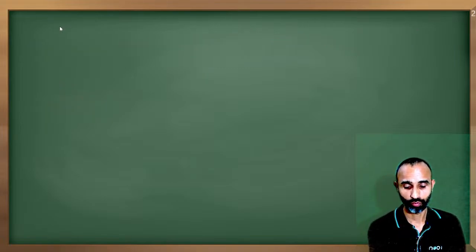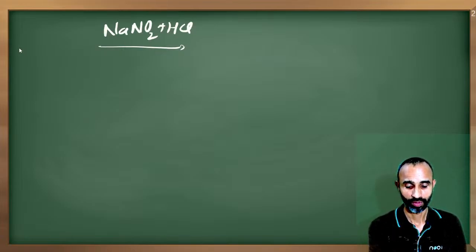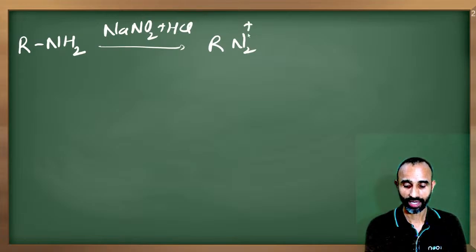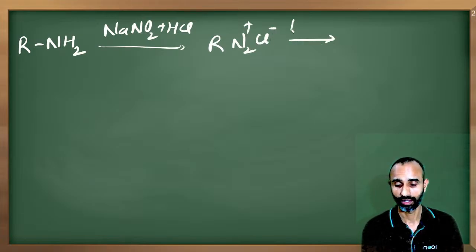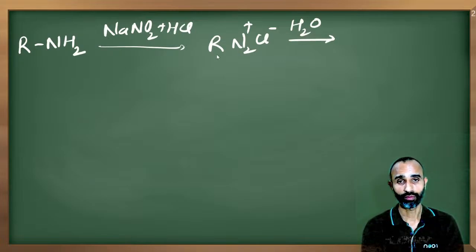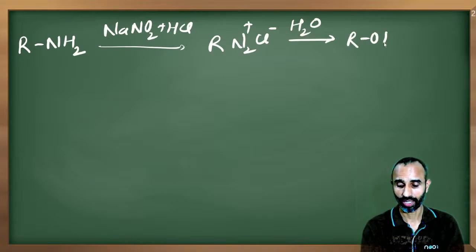With diazonium, this NaNO2 and HCl, if we have aliphatic amine, then the diazonium salt is highly unstable. So water formed in the reaction hydrolyzes it and we get alcohol as the product.